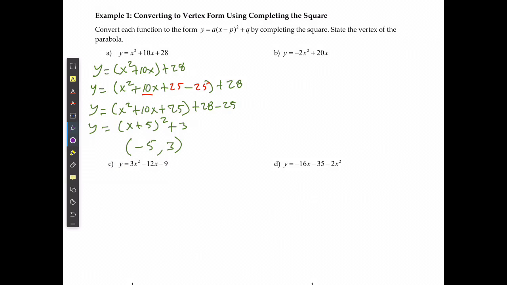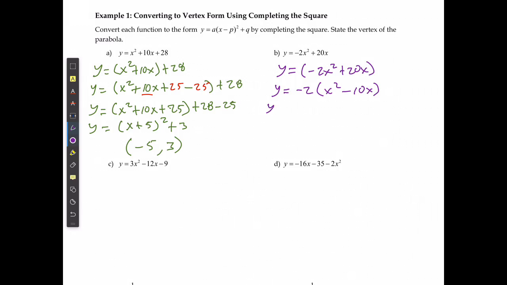For example B, I'm going to bracket off the x values. There is no constant in this case, so there's nothing left on the outside. I'm going to divide by the coefficient of x squared. So I'm going to move that -2 to the outside, and I get x squared, and 20 divided by -2 is going to give me -10x.